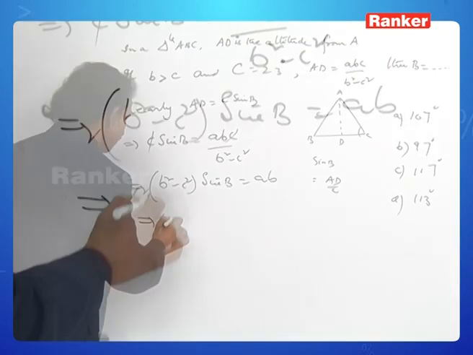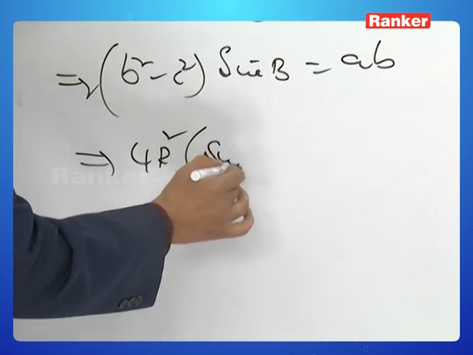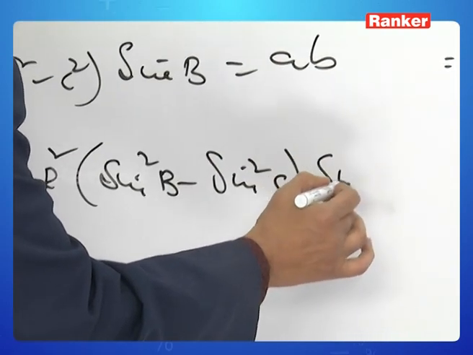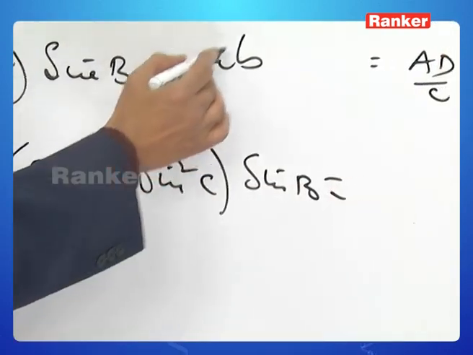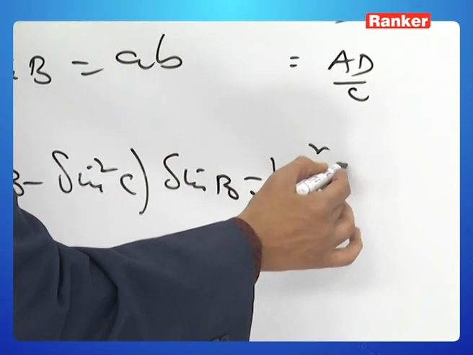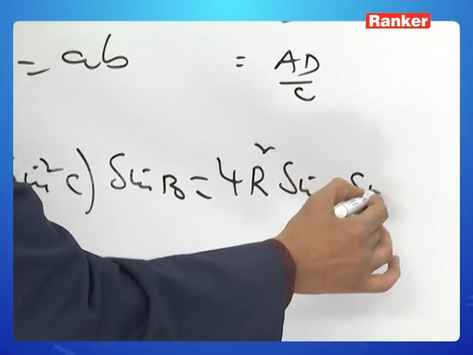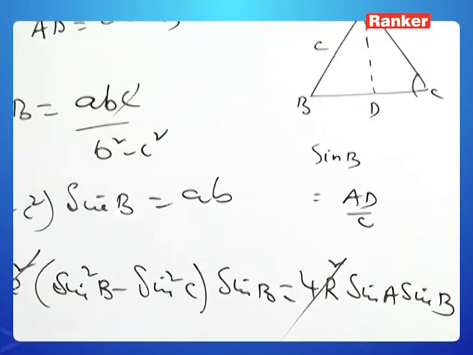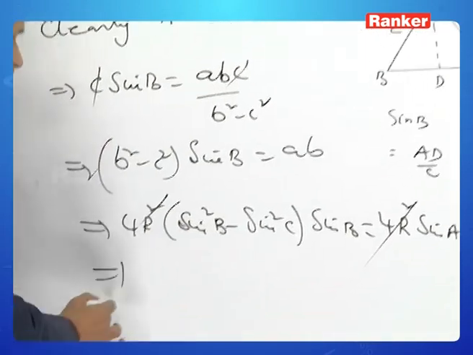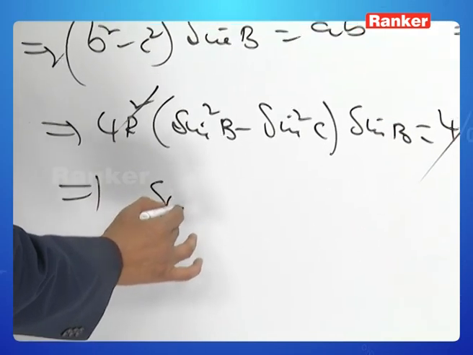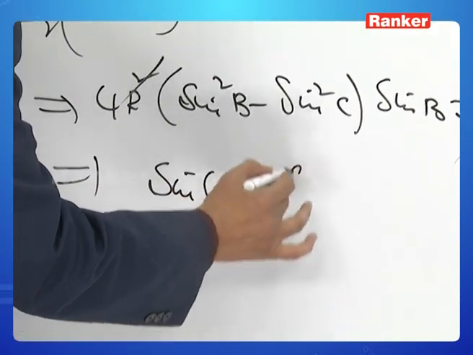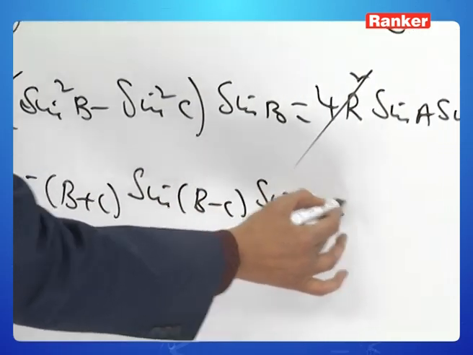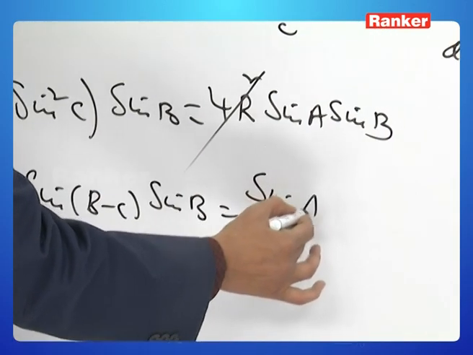So this is 4R square into sin square B minus sin square C into sin B is equal to 2R sin A, 2R sin B. That is 4R square sin A sin B. You can cancel 4R square. Good. What is sin square B minus sin square C? It is nothing but sin of B plus C into sin of B minus C into sin B is equal to sin A into sin B.